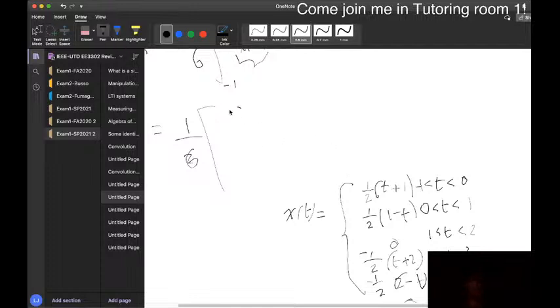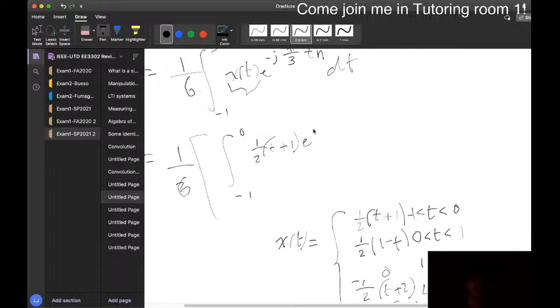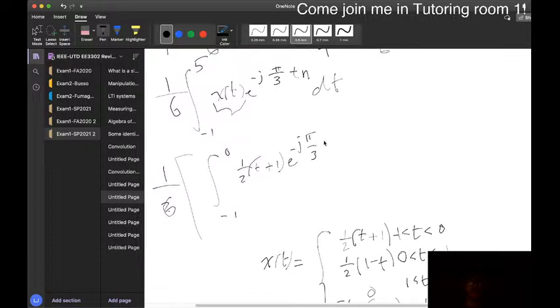So let's write out the integral. So 1/6. So from -1 to 0 is going to be 1/2 t plus 1. And that's going to be times e to the negative j pi over 3 times t n dt.